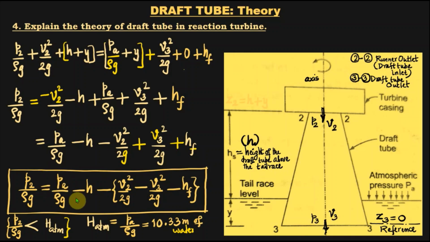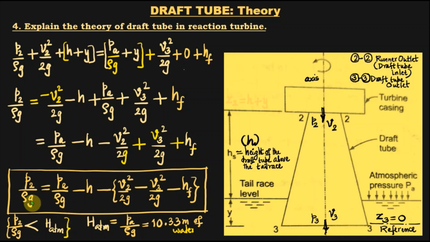This expression we obtained indicates that P2 by rho g is equal to the atmospheric pressure head minus these two quantities. If you subtract two positive terms, this term as well as this h, from the atmospheric pressure head, what value will you get? P2 by rho g will be less than the atmospheric pressure head. Any pressure that is below atmospheric pressure head is vacuum.